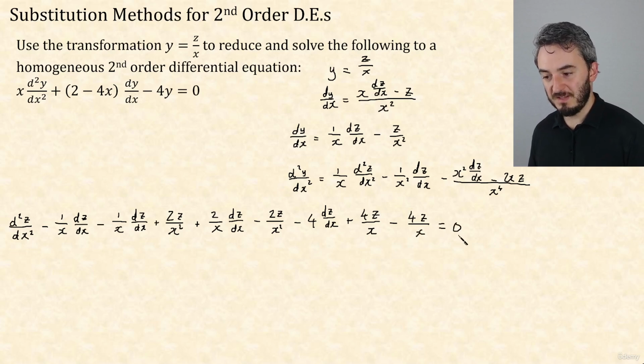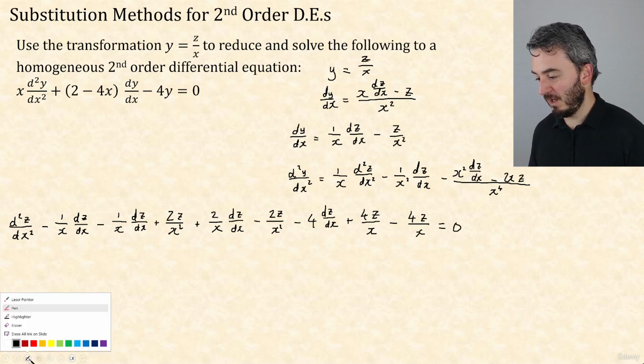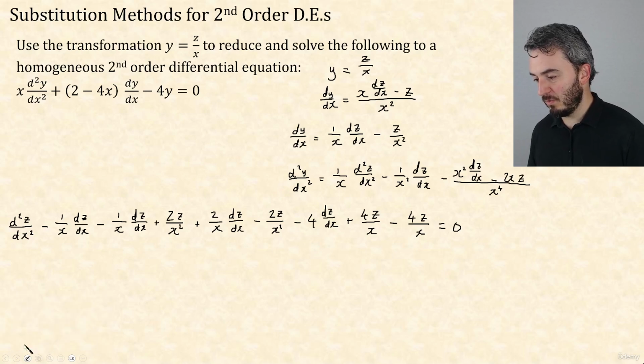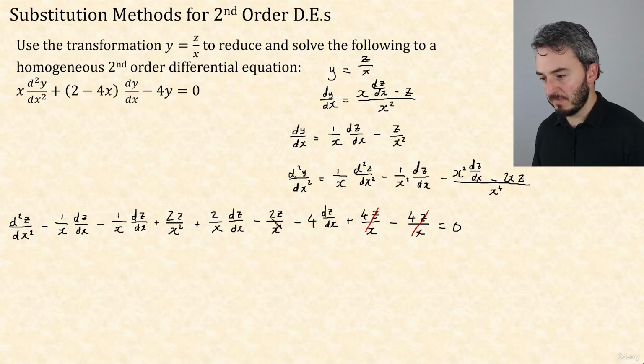Okay, let's think about cancellings now. I think a lot of this is going to cancel. If we've done it right, it will cancel. So what cancels? Well, 4z over x cancels with minus 4z over x. Then what have I got? I've got minus 1 over x dz by dx minus 1 over x dz by dx plus 2 over x dz by dx. Cancels with that.